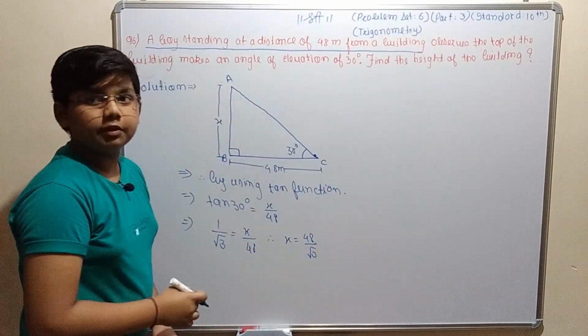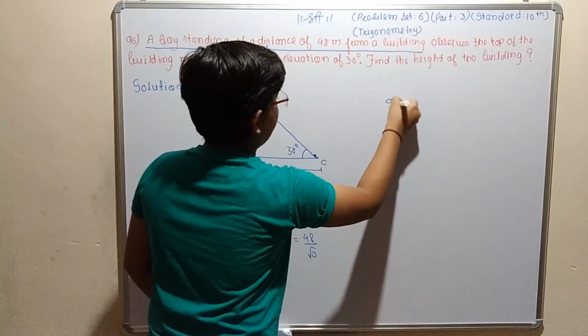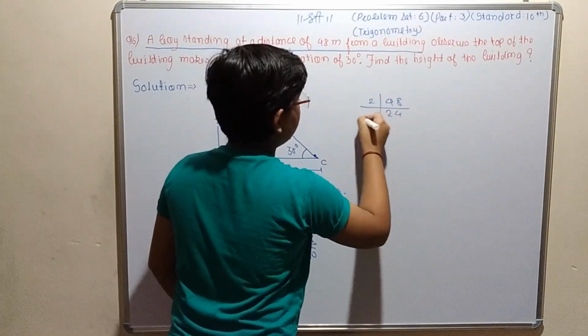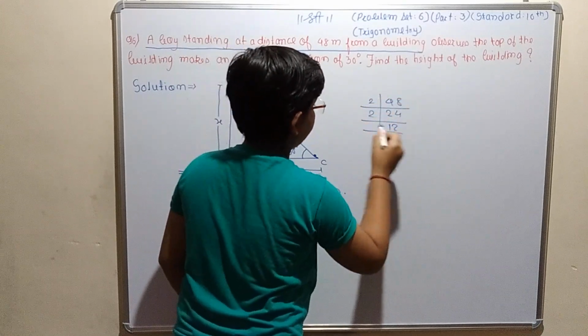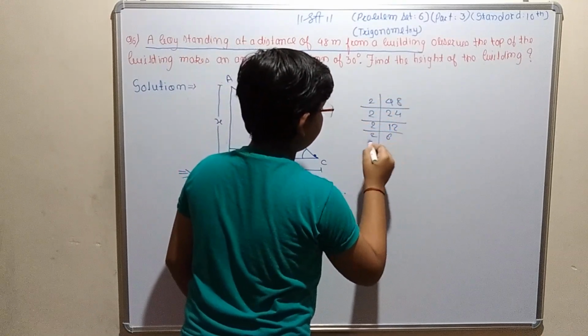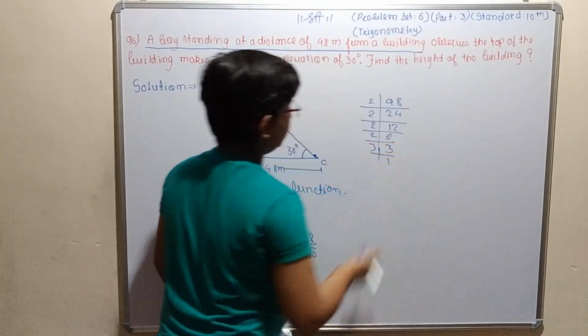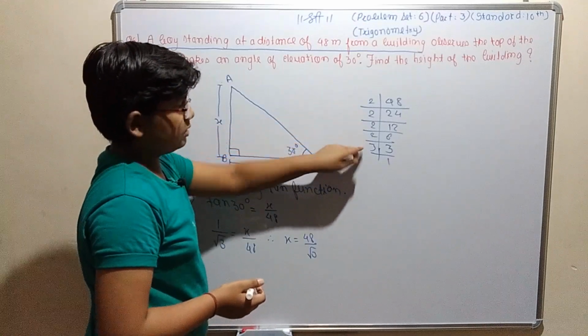Now we can further simplify 48 divided by root 3. 48 can be written in prime factors: 2 times 24 is 48, next 2 times 12, 2 times 6, then 2 times 3, then 3 times 1. This can be written as 2 times 2 times 2 times 2 times 3.